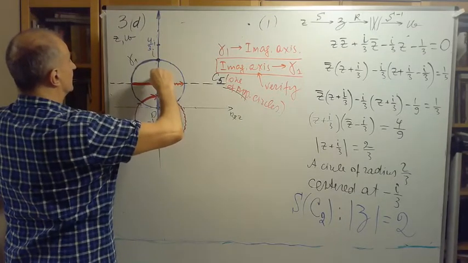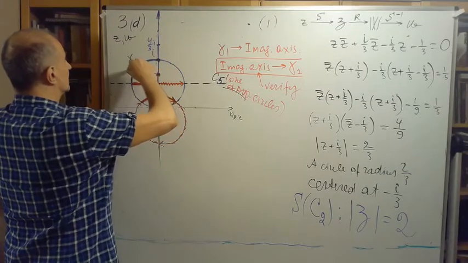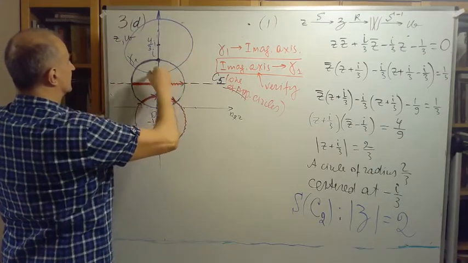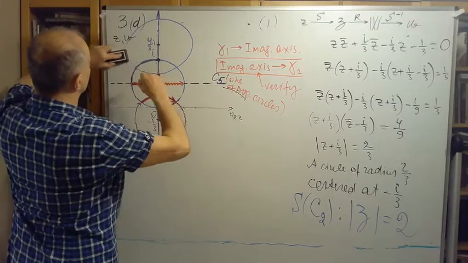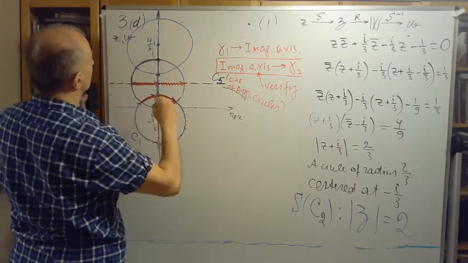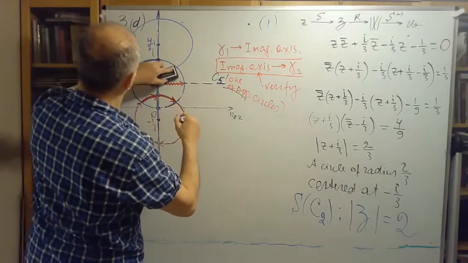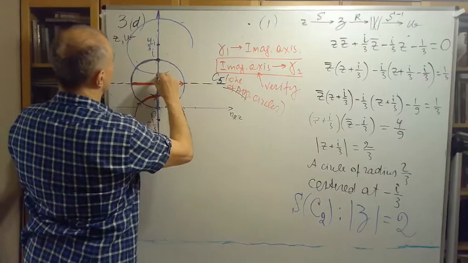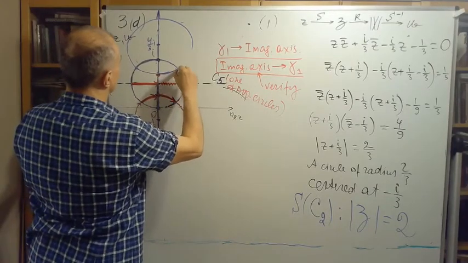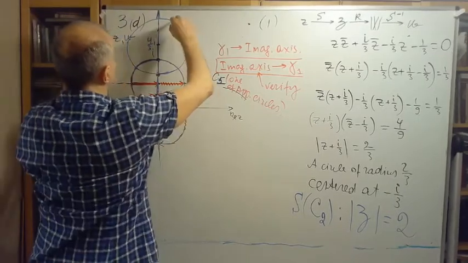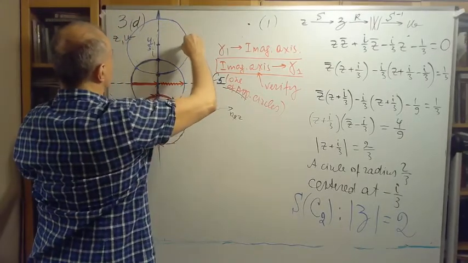So it's something like this. So it will go approximately like this. Right? Try to make it as round as I can.